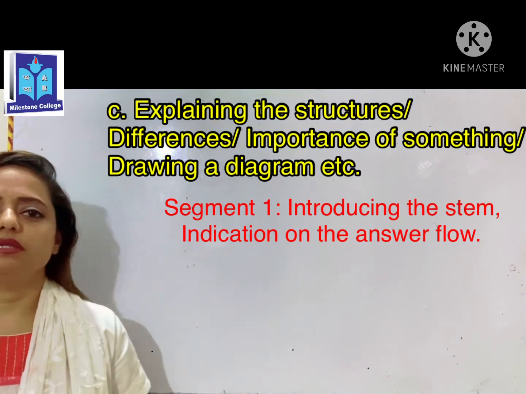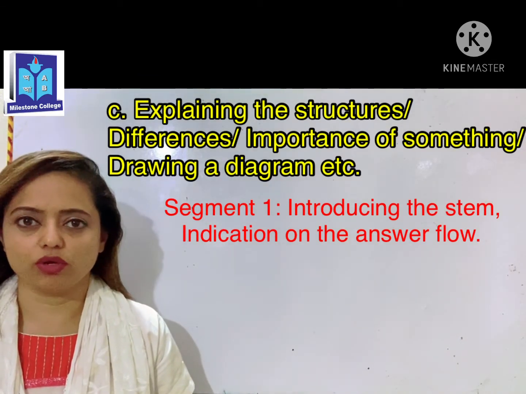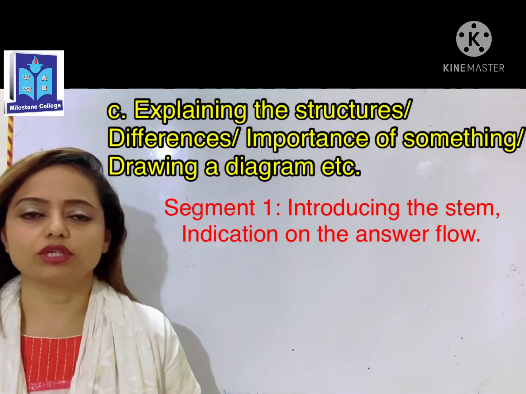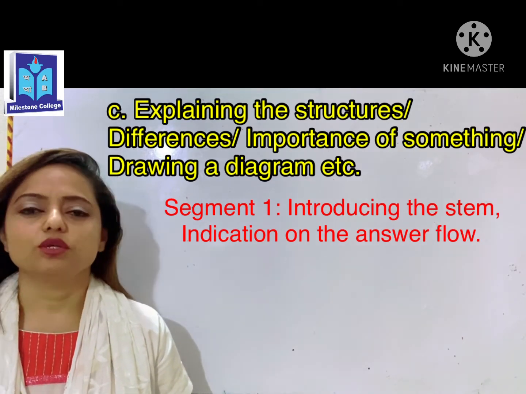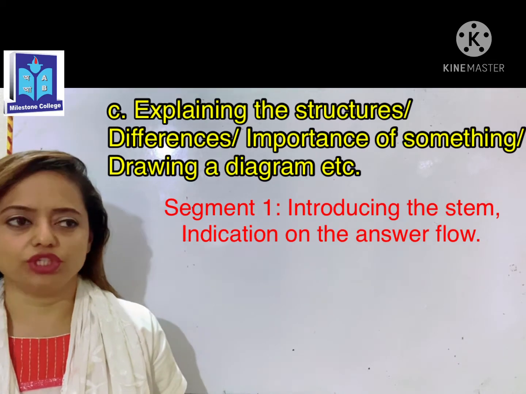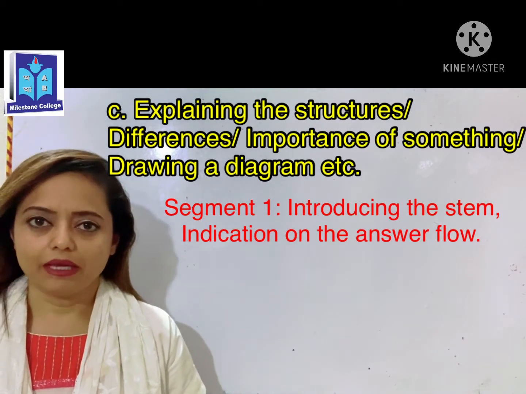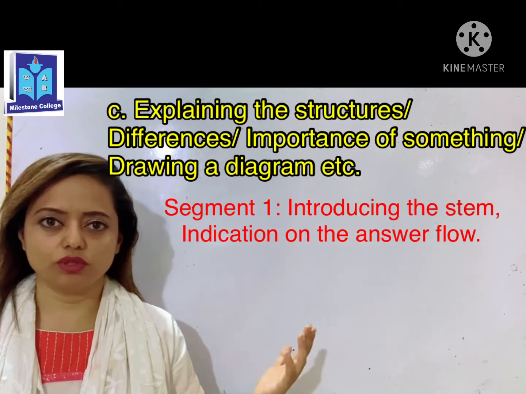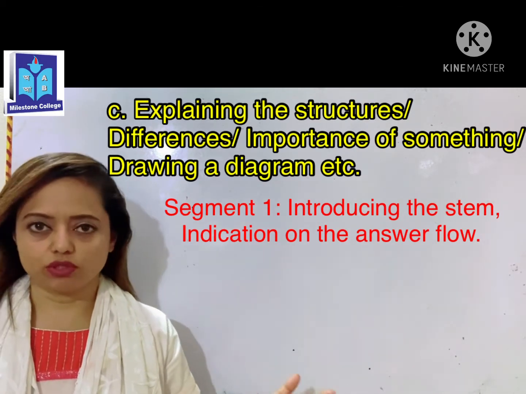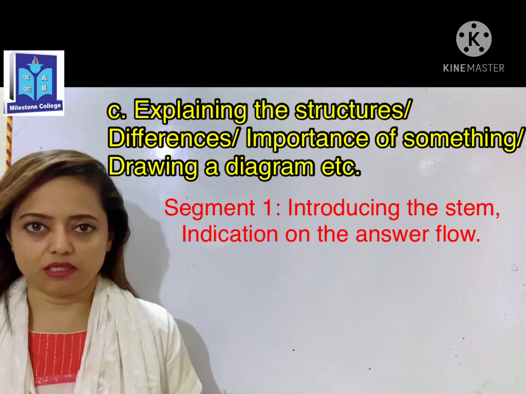Suppose it's indicating the structure of placenta or the structure of the flower or typical flower. So in case of this question, you must start with the introduction first. According to the stem, the stem denotes or is indicating the structure of this one. This is the basic format.